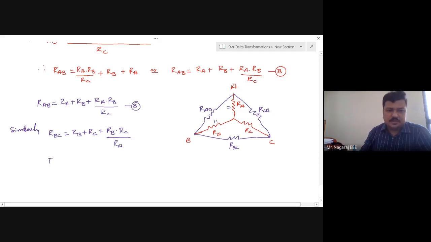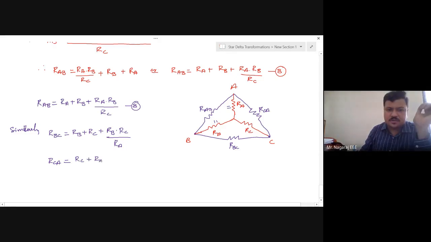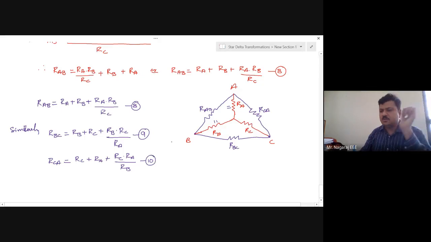And RCA is equals to RC plus RA plus RC into RA divided by RB. Take this as equation 9 and this as equation 10. So this is how I transform from delta to star and star to delta.